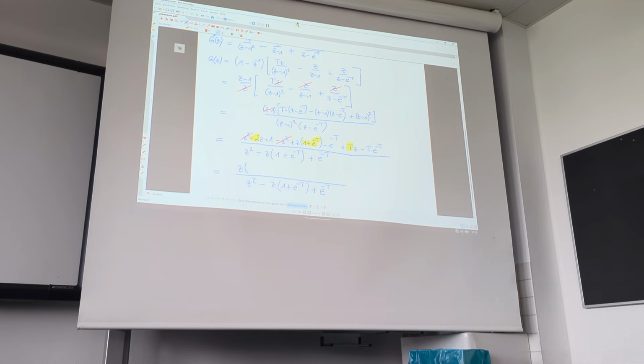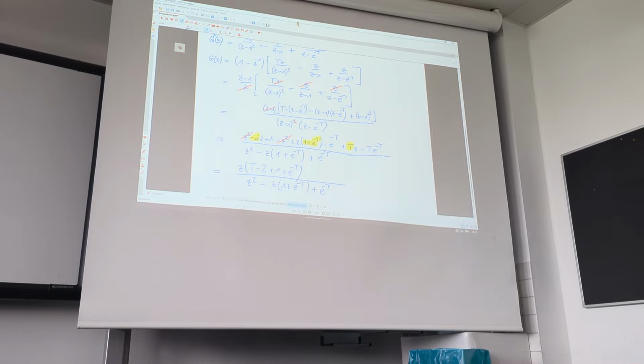And we have the t. So the t minus 2, and then the 1 plus e to the power of minus t.